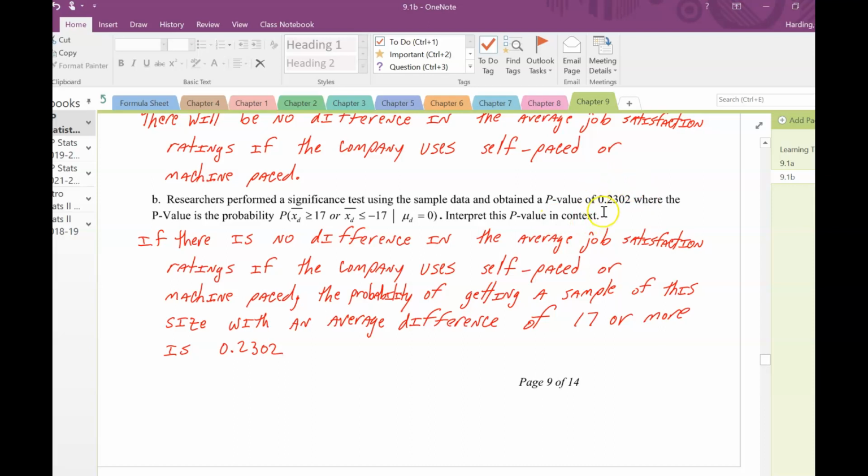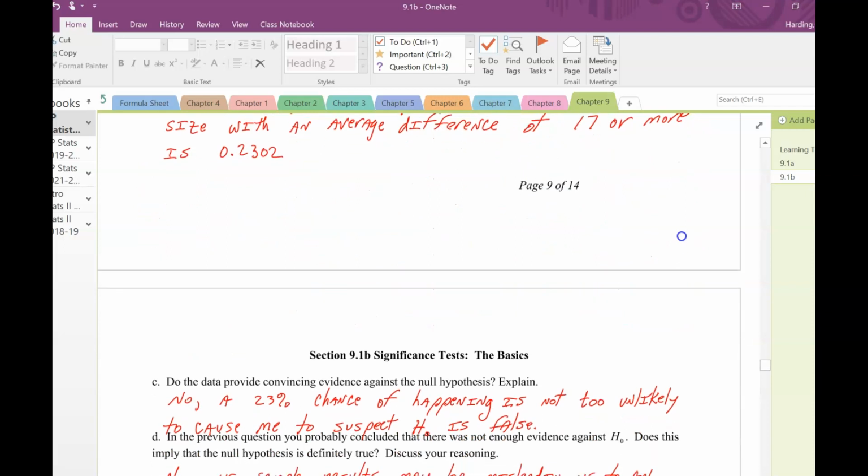And they came up with 0.2302. So you can see in here, interpret this p-value in context. If there is no difference in the average job satisfaction ratings the company uses for self-paced or machine-paced, then the probability of us getting a sample where the average difference is 17 or more is about 23%. Not a huge percentage, but certainly not one that would call into question the null hypothesis.